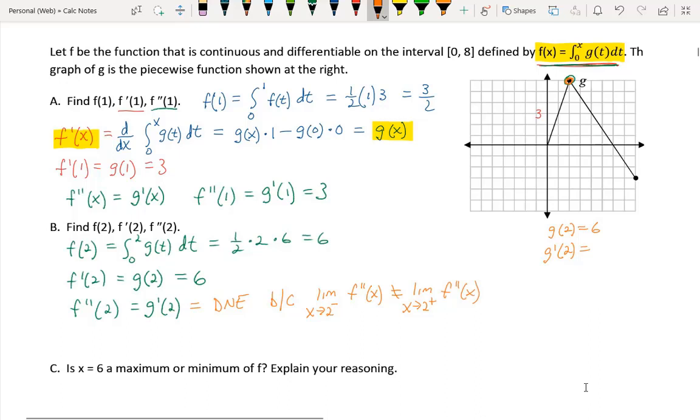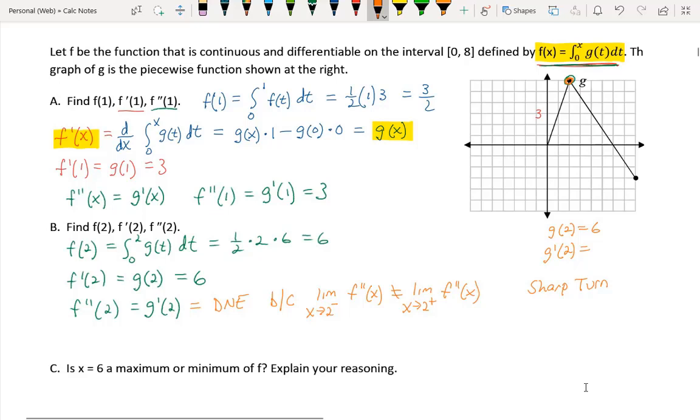The non-mathematical term is sharp turn, but the mathematical reasoning is that the limit of the derivative does not exist on both sides of the number 2.